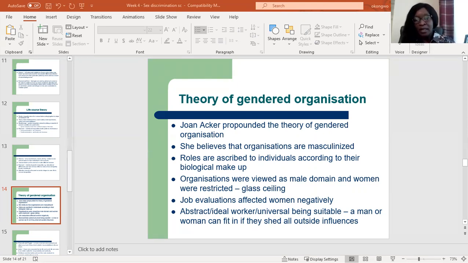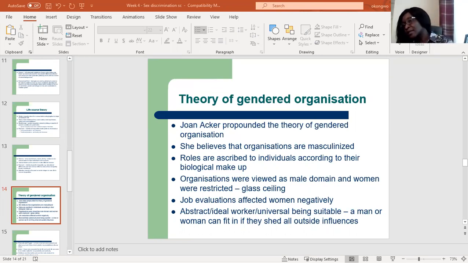And when women ventured out, measures were put in place to exclude them from the organization. It is believed that organizations are structured to favor and represent the interest of men. Organizations were viewed as a male domain, and women were restricted from certain functions and from attaining certain positions in the organization. This is known as the glass ceiling concept.